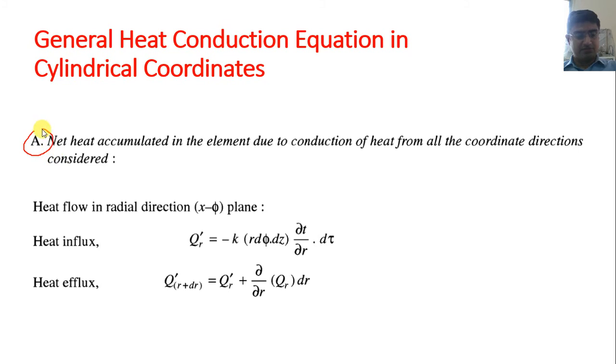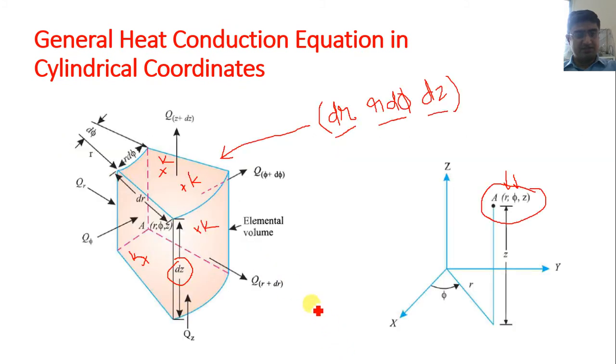Here also we have to find the equation in the case of three different forms. The first one, A, is the amount of heat accumulated in the R, phi and Z directions. First of all we have to find the values of dqr, dq phi and dqz.